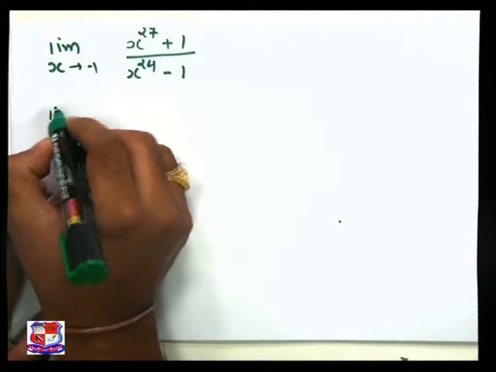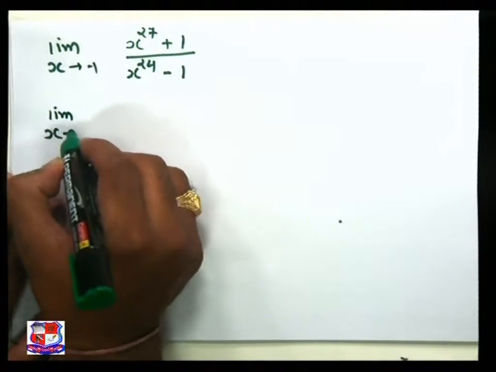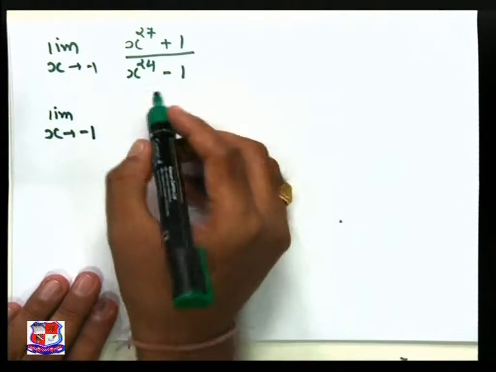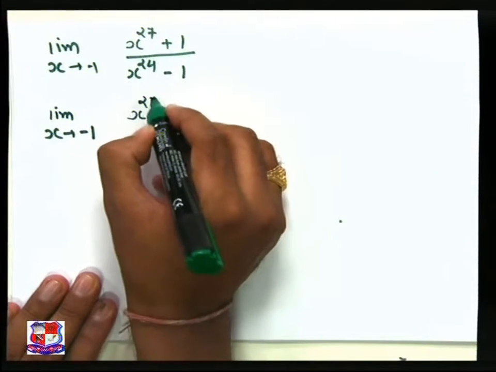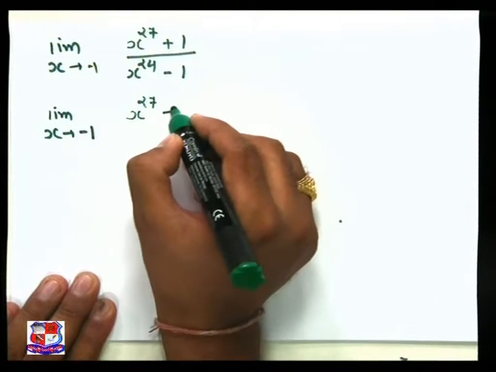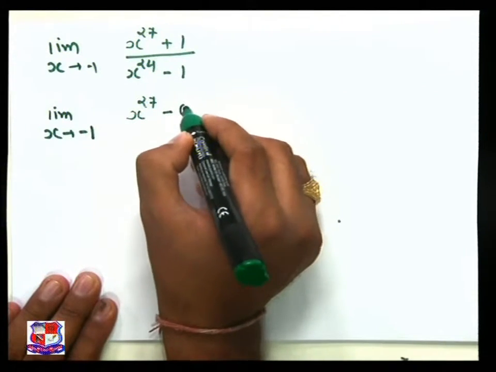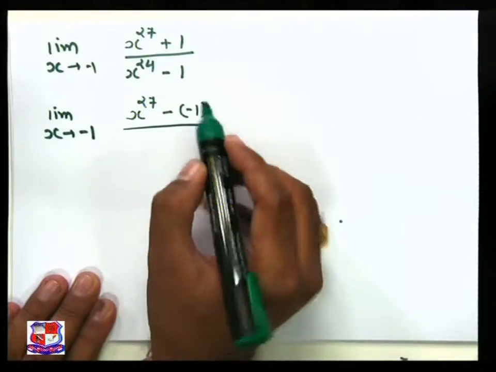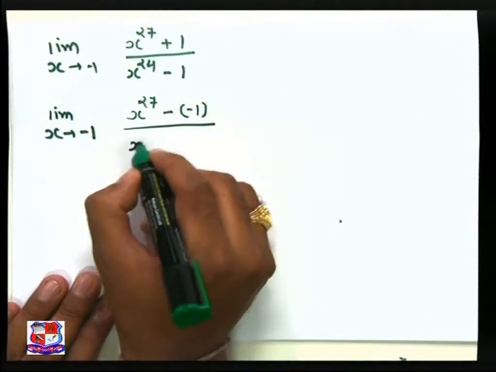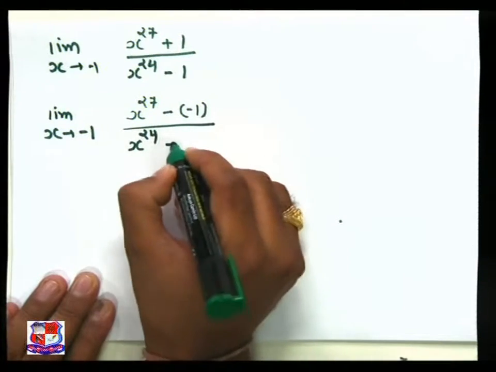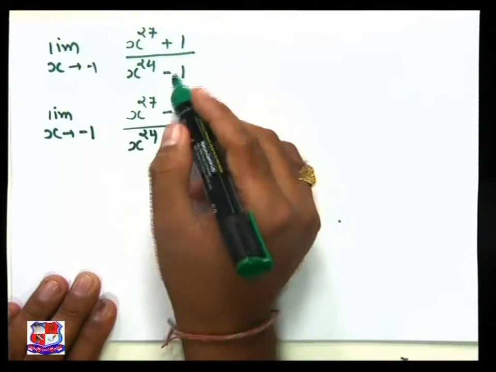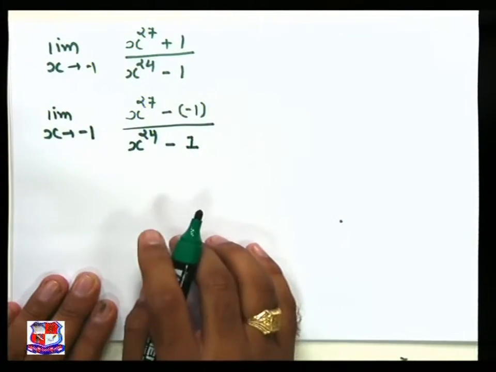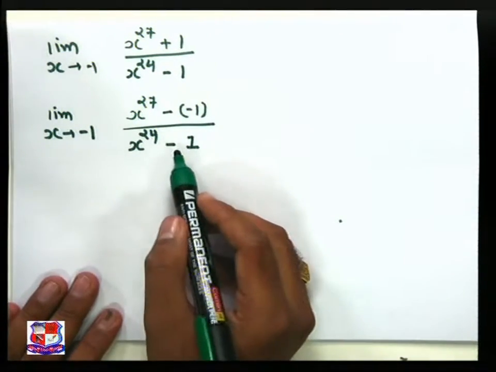So first of all, write limit x tends to minus 1, x raised to 27 minus, if we write minus here, then multiply with minus 1, divided by x raised to 24 minus 1, with the minus in the middle between first and second. So no change here. This becomes x raised to 24 minus 1.